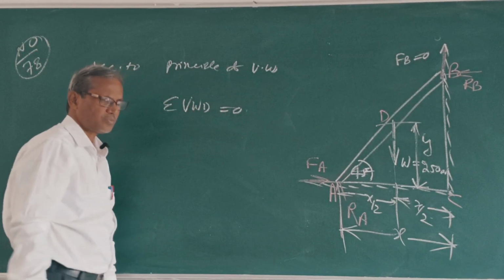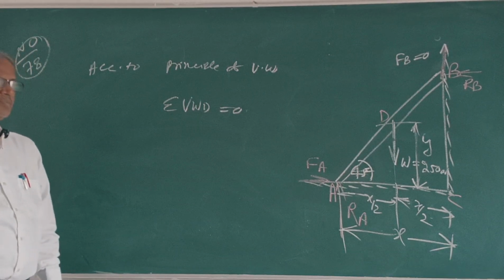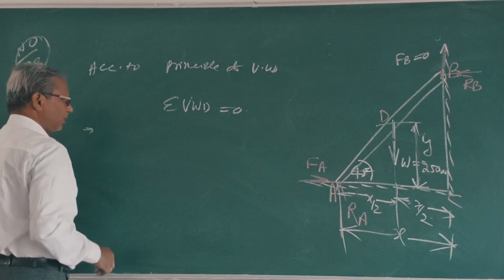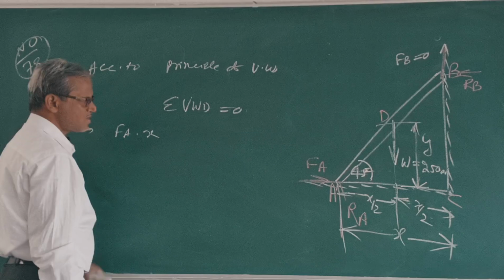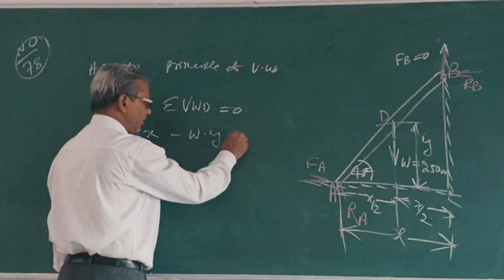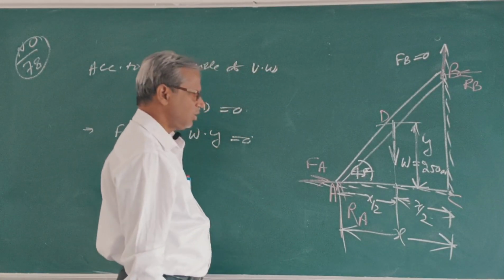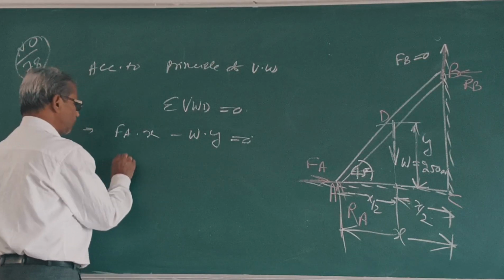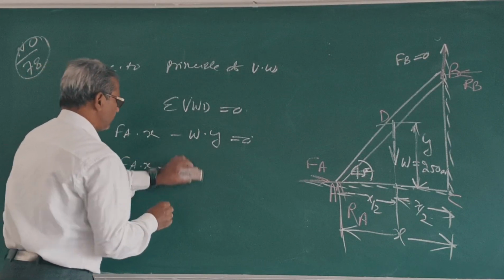Clear? This implies FA into x minus W into y is 0. What is W? 250 Newton. So FA into x is 250 into y.